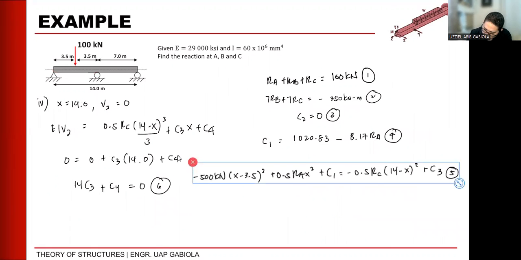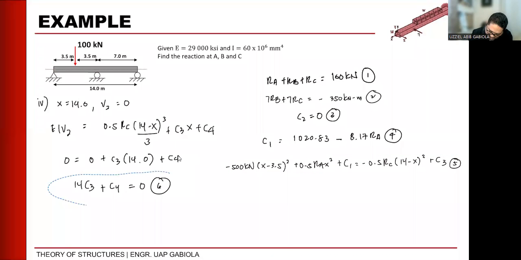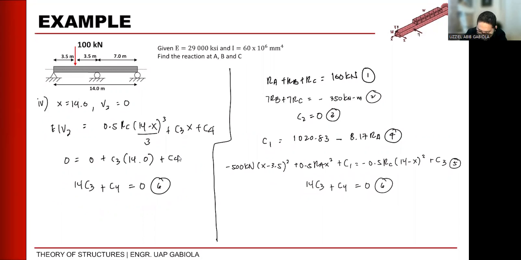Fifth one natin is this one. Then yung sixth natin is ito. Okay, so ito yung mga unknown equations natin. Let's see kung pwede natin solve na siya or meron tayong pwedeng i-solve.